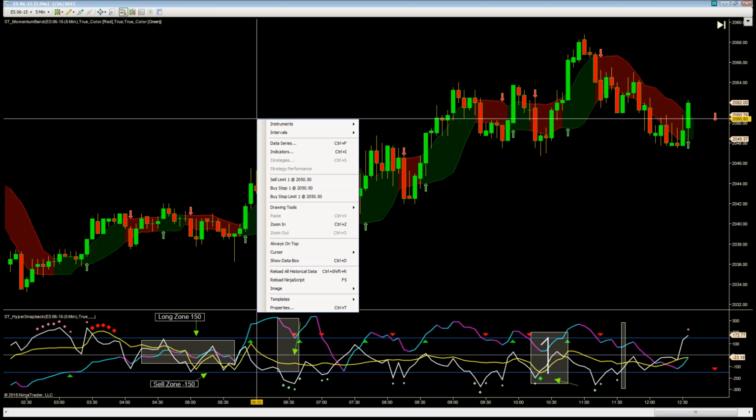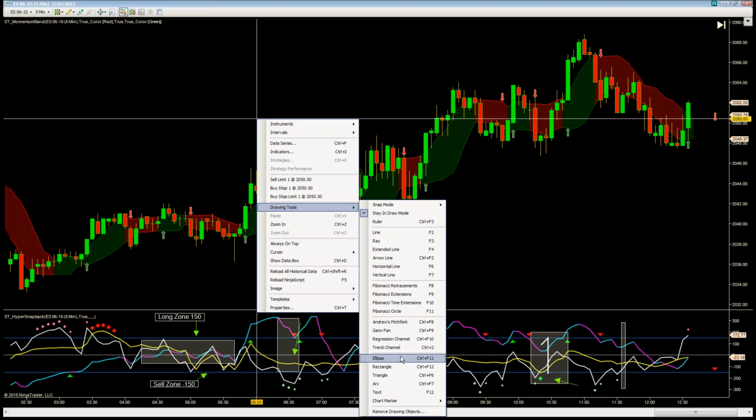Can you please explain again the white and the yellow lines, the difference?